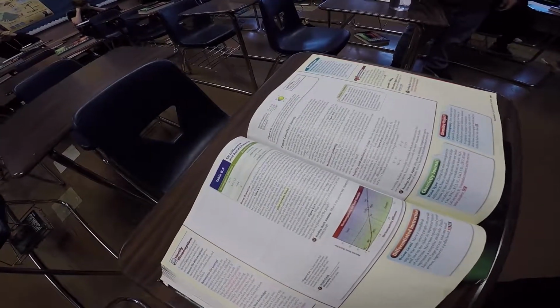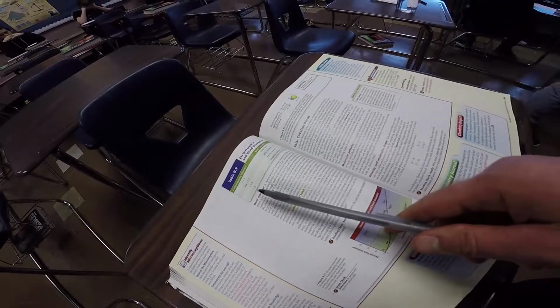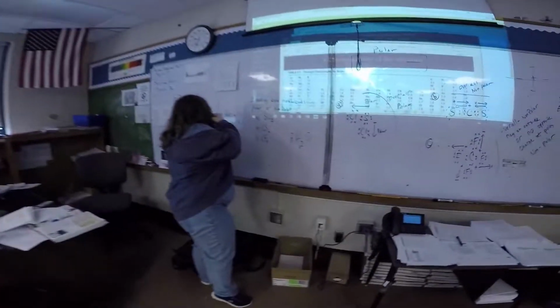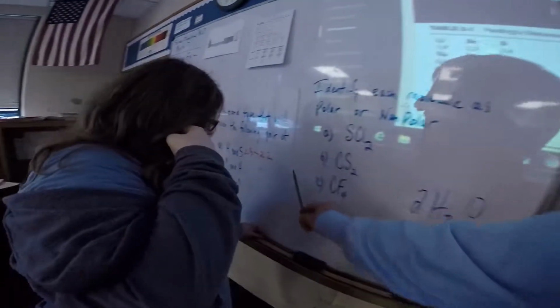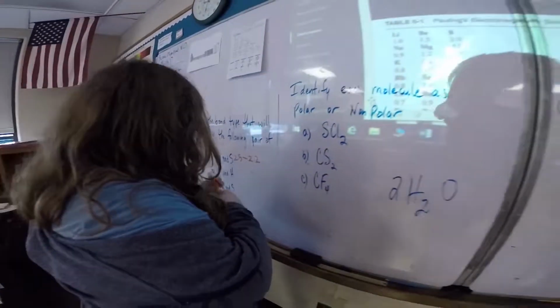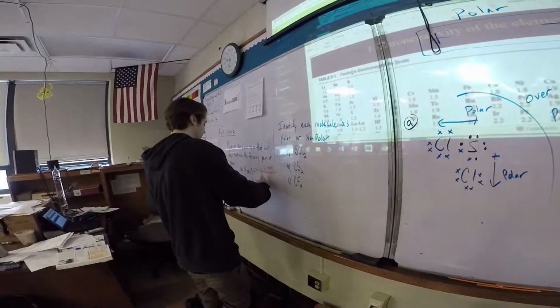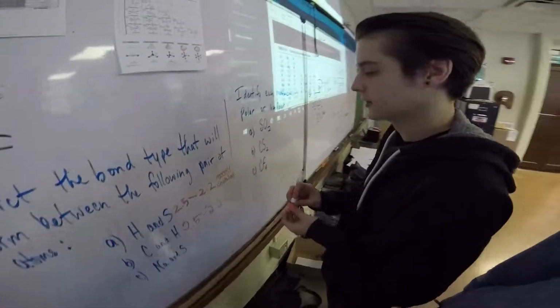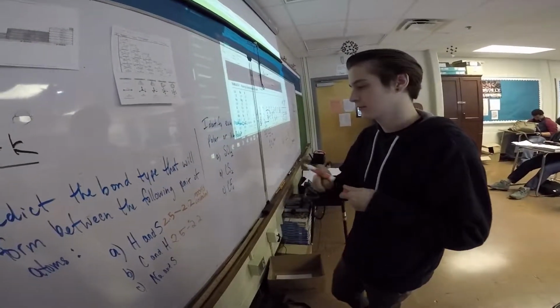5 minus 2.2 equals what, Rain? 0.3, right? So 0.3 is going to fall into mostly covalent, because this is 0. So this bond will be mostly covalent.